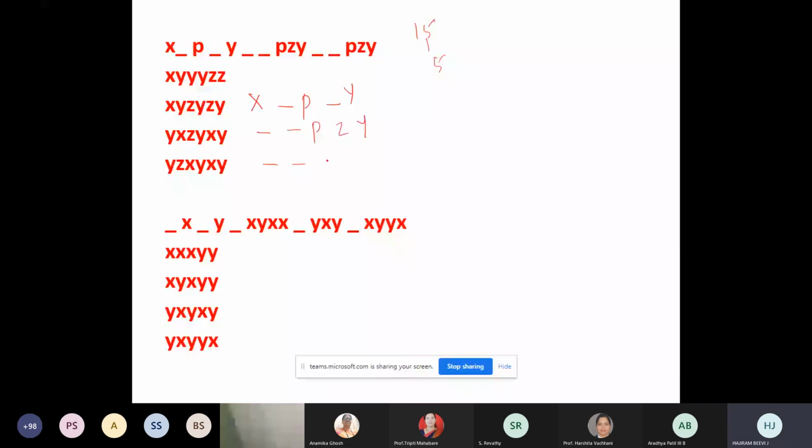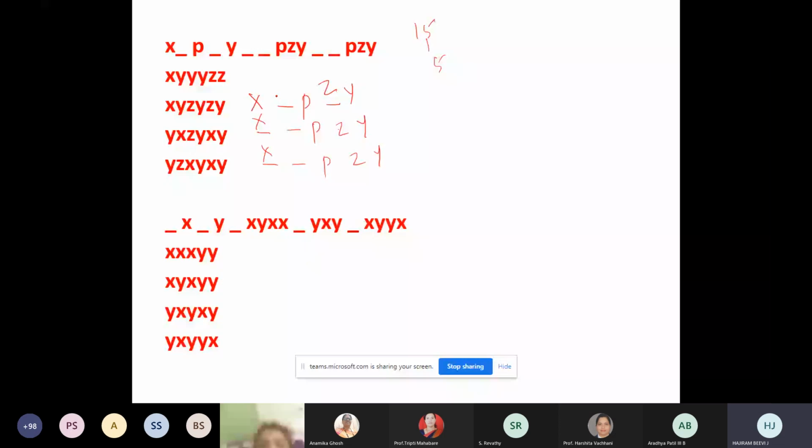Okay. In the third position we have P, and the fifth position also has Y. In the fourth position it is Z. Then here we can easily guess it is X. But for the second position we don't have any previous value, but we can guess the answer from the given options.